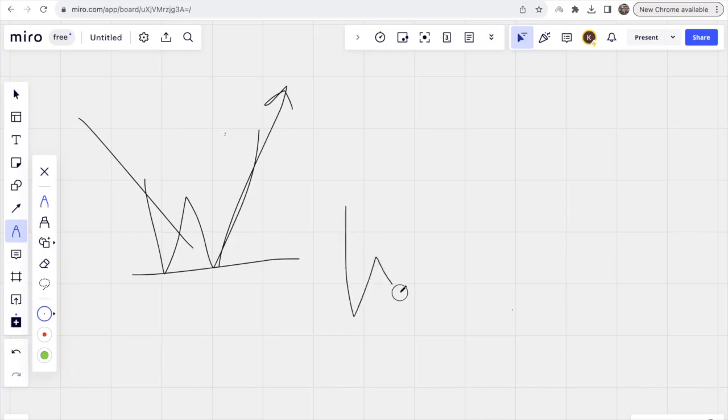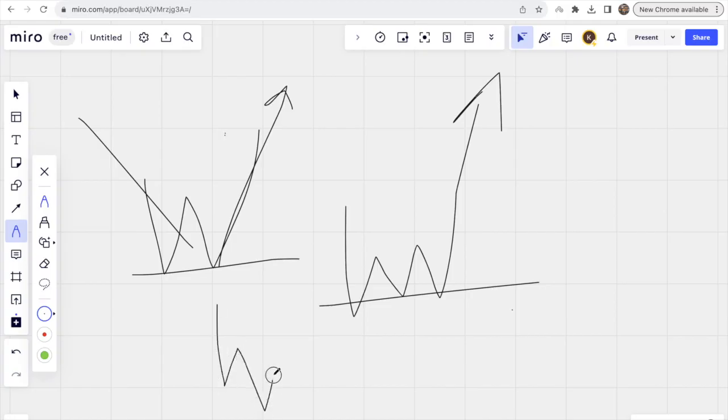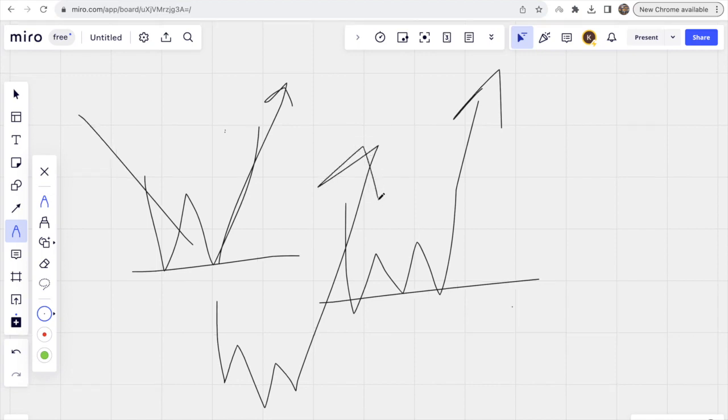Or you see a triple bottom, then boom, there they are. Or you see what we call the inverted head and shoulders, sorry. So it's more like head, shoulders, boom, going up. It's as simple as that.